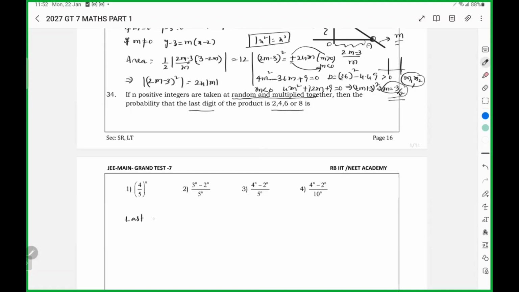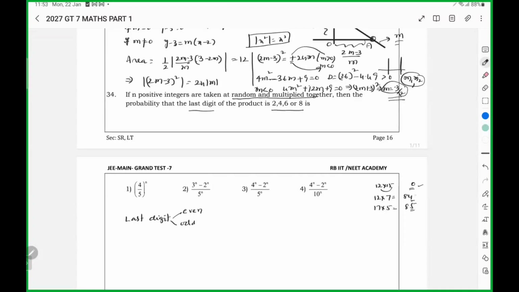Generally, the last digit can be either even or odd. Suppose 12 into 15 you take, the last digit is 0. 12 into 7, 84. Need not be two numbers, 3, 4, anything. 17 into 5.